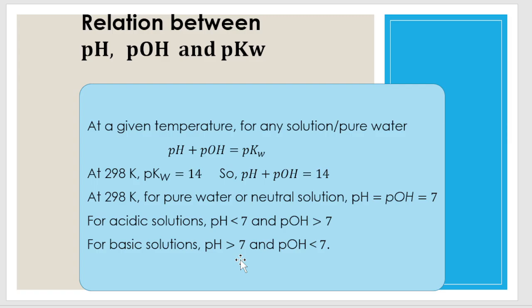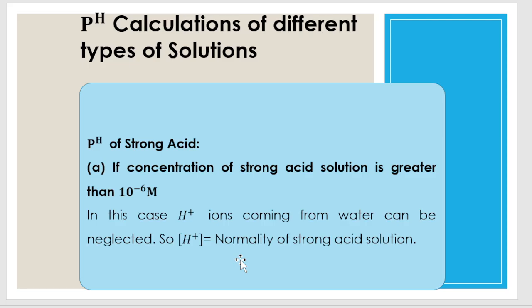Now listen carefully. The important concept of today's video we are going to discuss is the pH calculation of different types of solutions. First type, if the concentration of the strong acid solution is greater than 10 power minus 6, then how to take the H plus ion concentration?